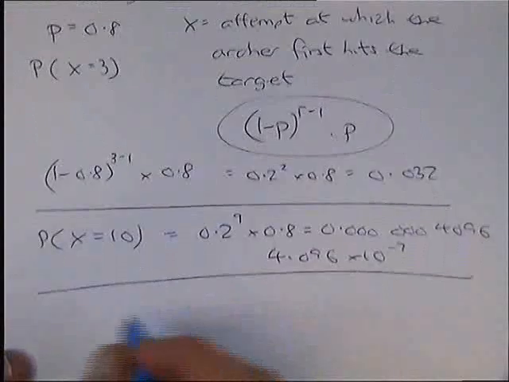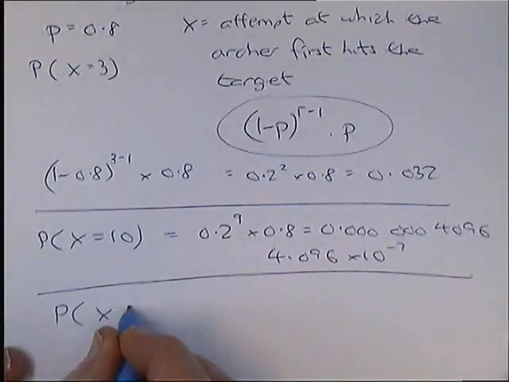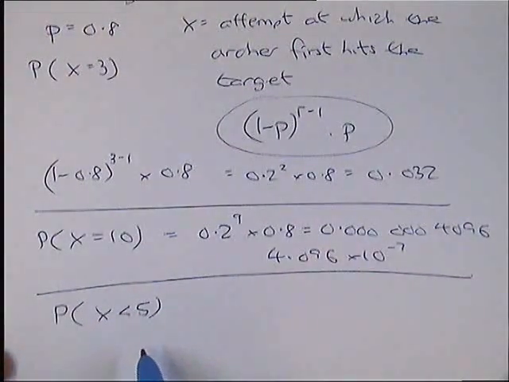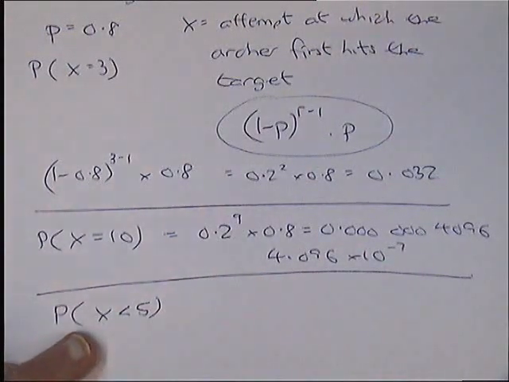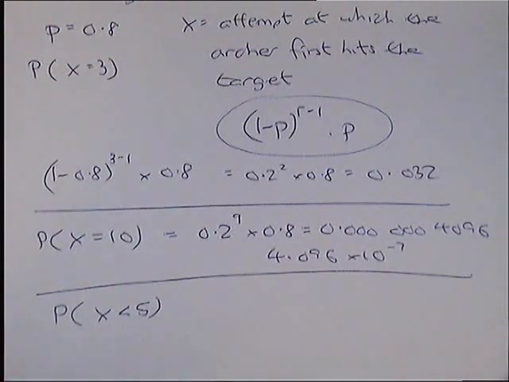If I wanted to work out the probability that the first success is before his 5th attempt, I can show that by x is less than 5. That means the first success is on an attempt less than 5, so it's either on the 1st, 2nd, 3rd or 4th attempt.